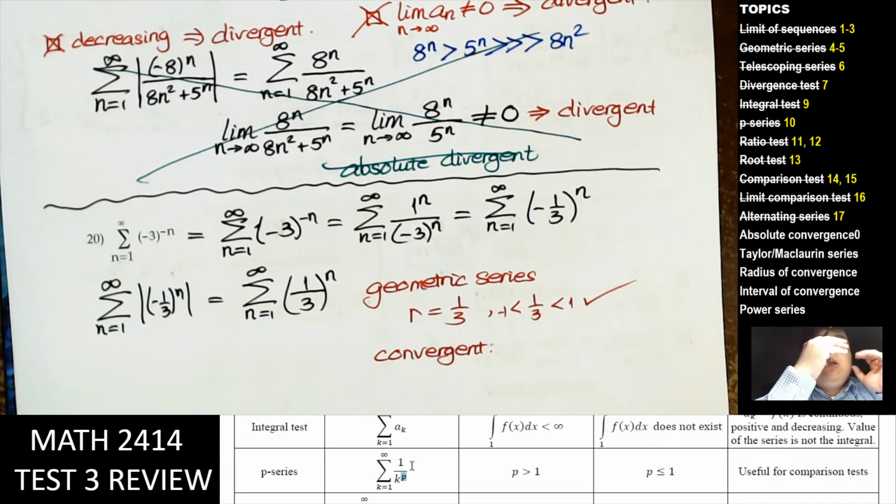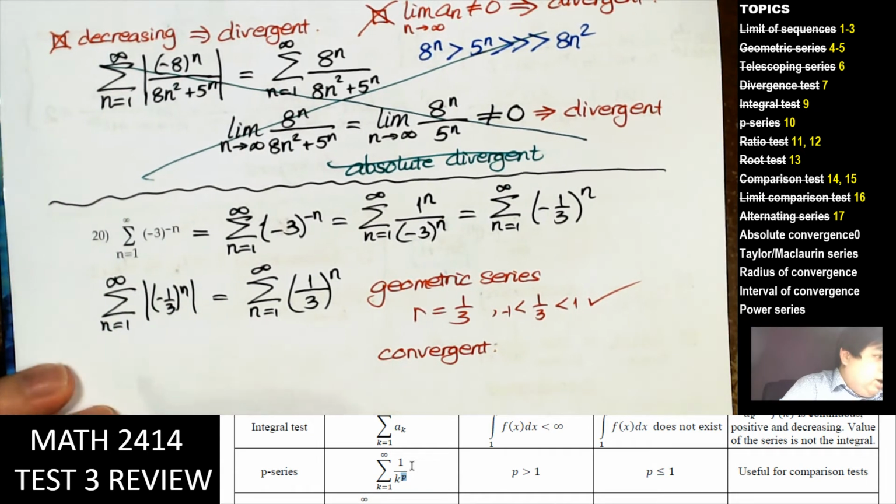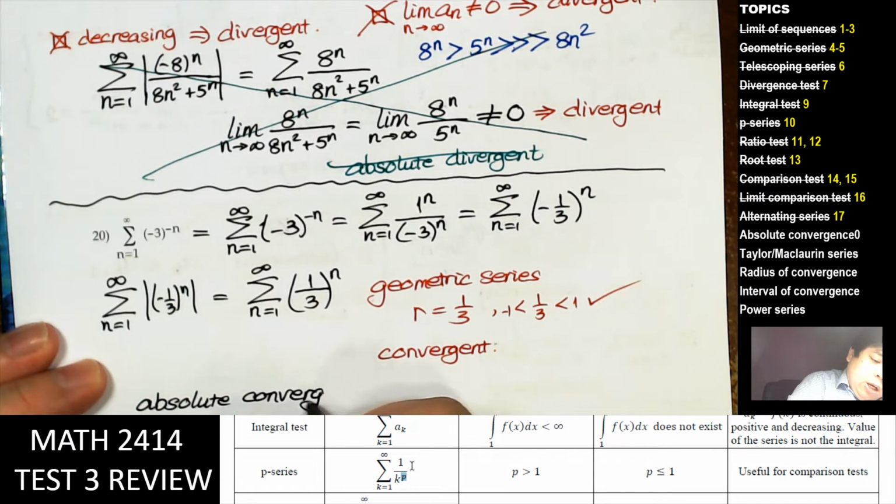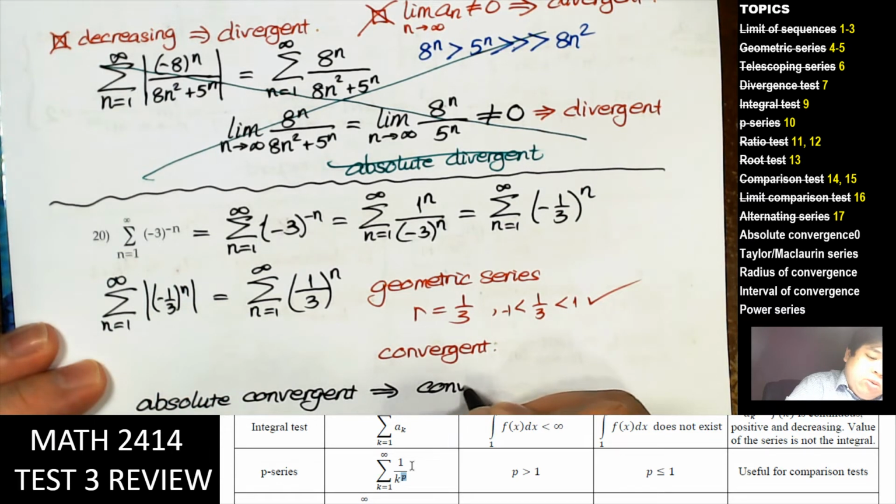Now, if it is convergent with absolute values, this is absolutely convergent. If it is absolutely convergent, it certainly will be convergent as well.